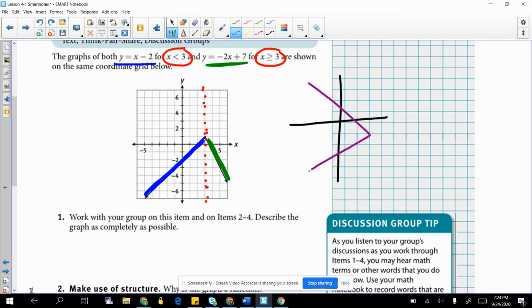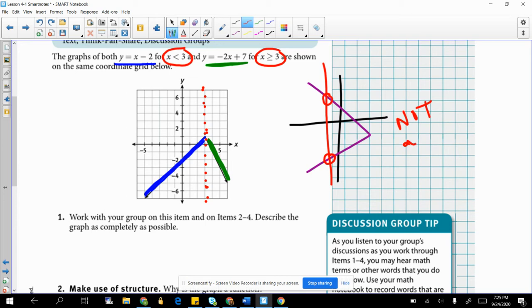Now, let's say I had a graph that was just kind of the flip of that. So maybe it looked like this, right? And I go to draw my vertical line test, and this does not pass a vertical line test because the vertical line would cross through the function at 2 places. Meaning that for one x value, there are actually 2 y values. So this would not be a function.